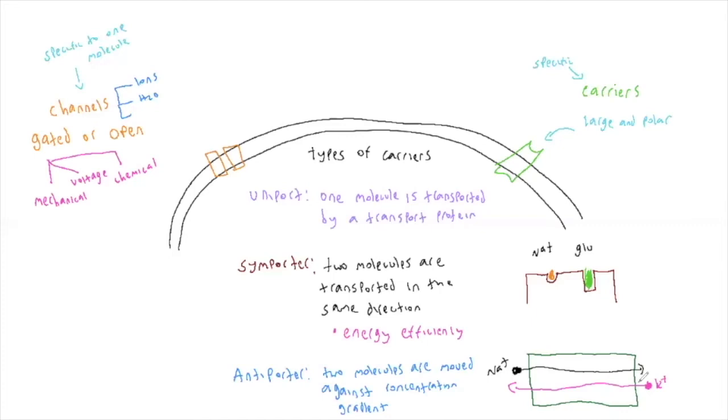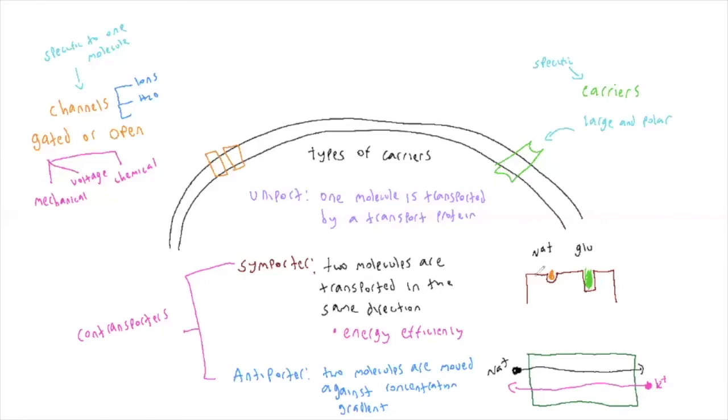All right, so let's go ahead and recap the carriers. Oh, and by the way, this class here they're called co-transporters. And of course, our two classes are symport and antiport. Uniport carriers are simple. What happens is that a molecule binds with it, either large or small, and it is actually escorted from one side of the cell to the other.